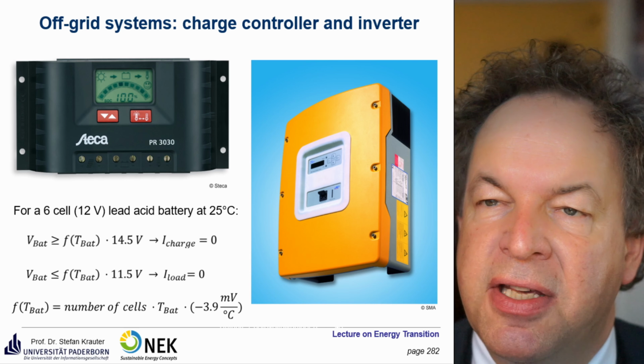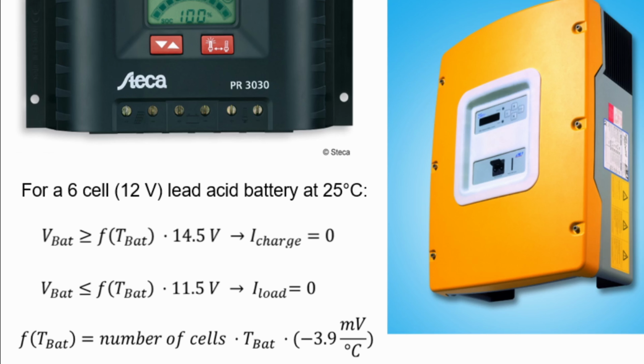Then the load current will be switched to zero. And that's the temperature compensation. So you have the number of cells times the temperature of the battery times the temperature coefficient of minus 3.9 millivolts per Kelvin or per degree Celsius. Sometimes also you find the charge controller integrated in the inverter, as you see on the right side.